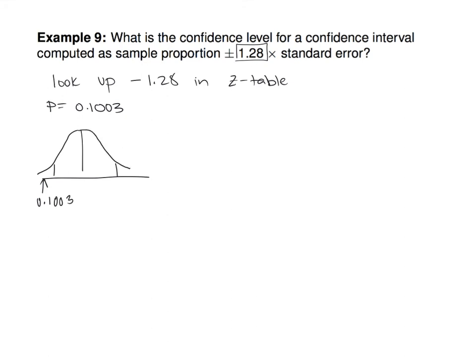And so the area in the other tail is also 0.1003. Okay, well that means the total in the tails is twice that, so 0.2006.